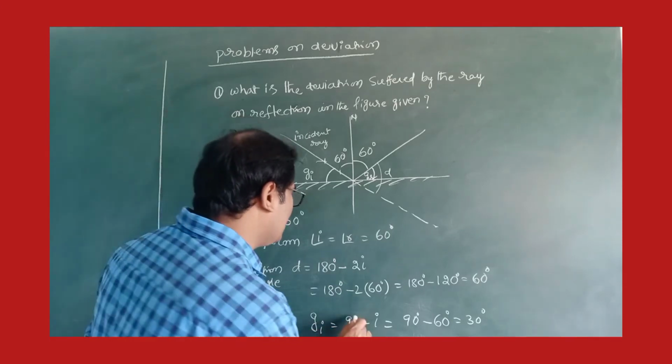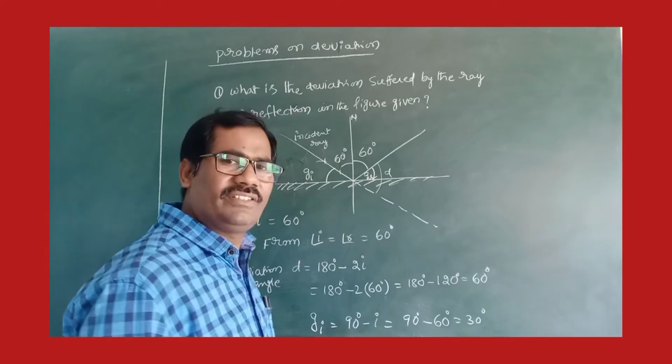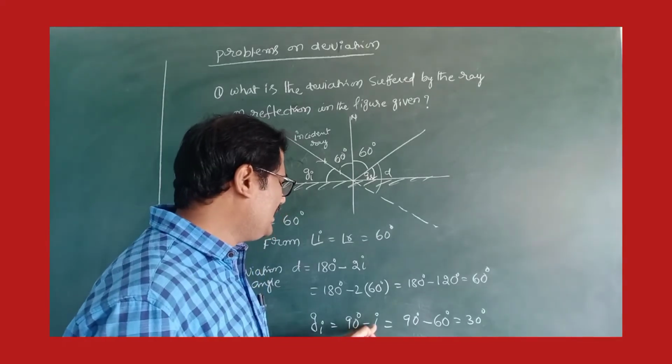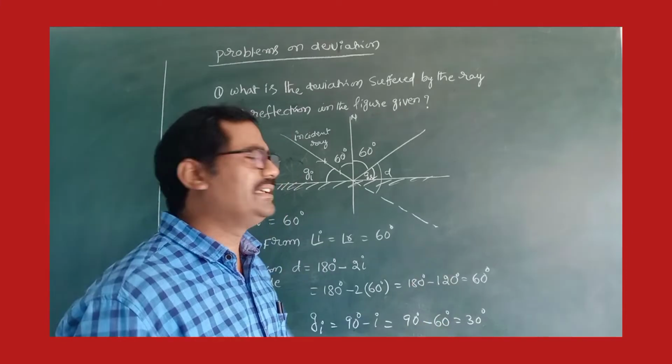In the case of 90 degrees, the glancing angle of incidence is equal to 90 minus i, which is 90 minus 60, equal to 30 degrees. Now, the glancing reflection angle, that is GR. GR is equal to 90 minus r. 90 minus 60 is equal to 30 degrees.